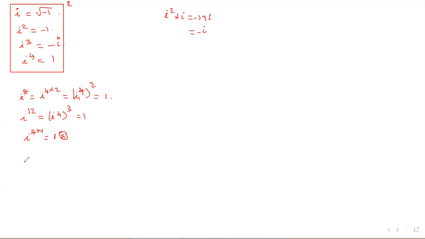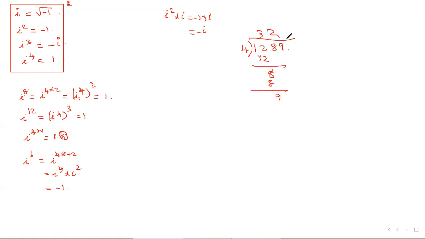For example, i power 6. I am dividing with 4, writing 4 into 1 plus 2. This is i power 4 into i square, where i power 4 is 1 and i square is minus 1. So what you are going to do is make every power in terms of multiples of 4. For example, take 1289. 3 4s are 12, 2 4s are 8, 2 4s are 8.